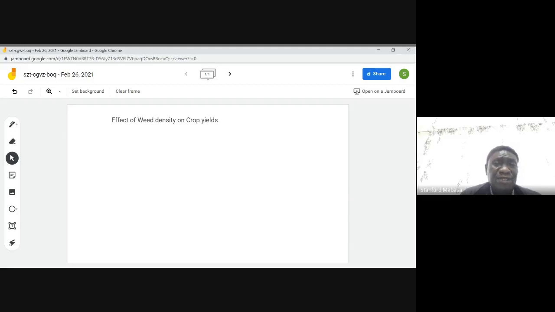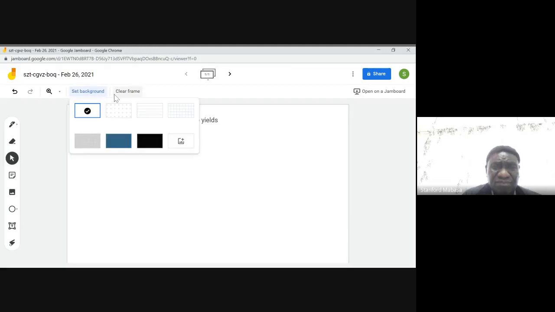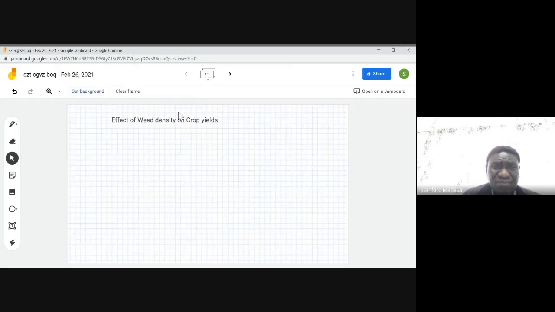So it's the effect of weed density on the crop yields. Now I can demonstrate this using a graph.